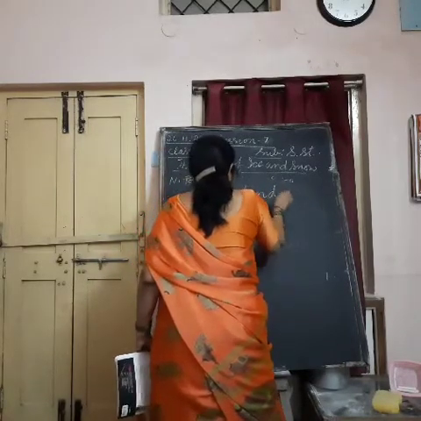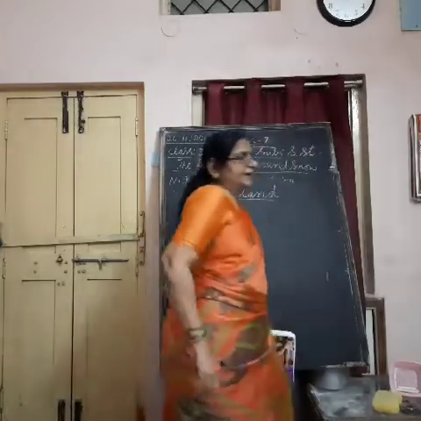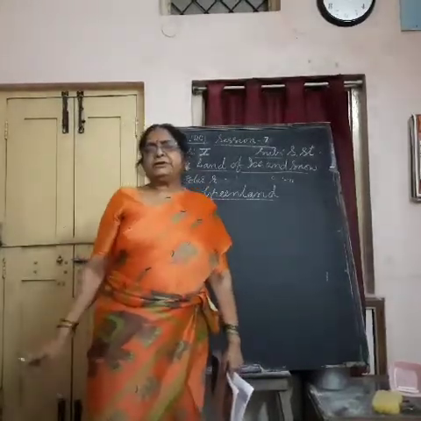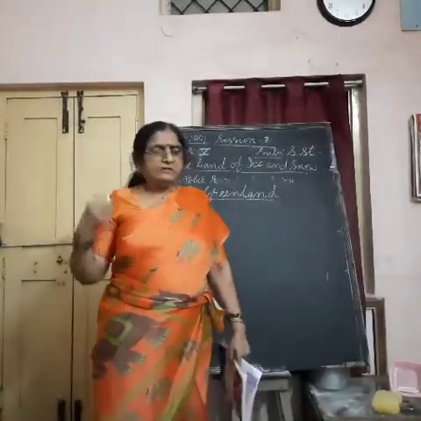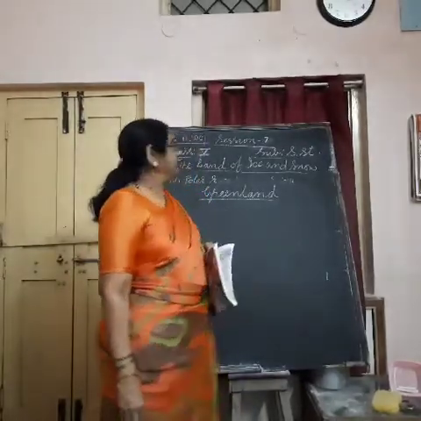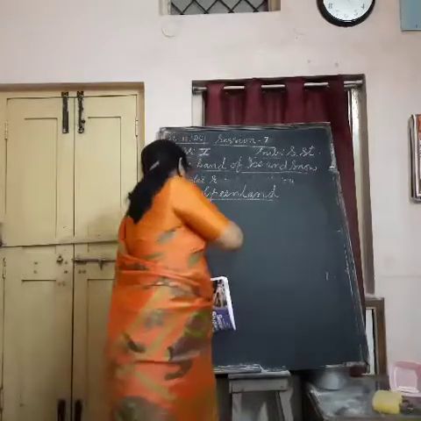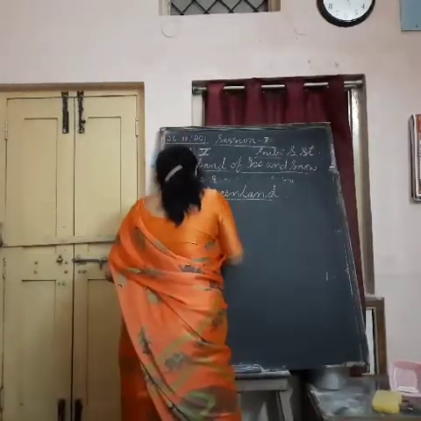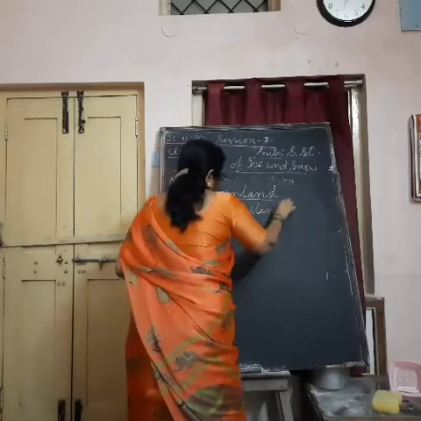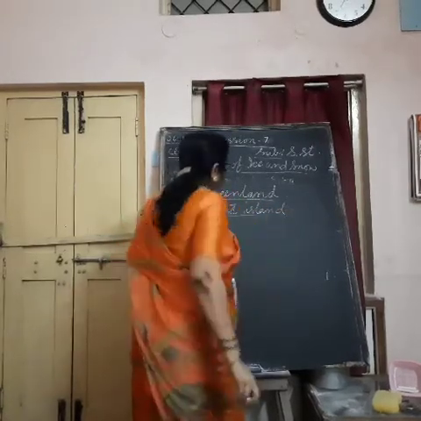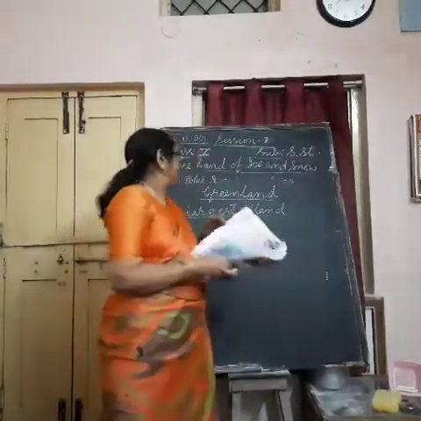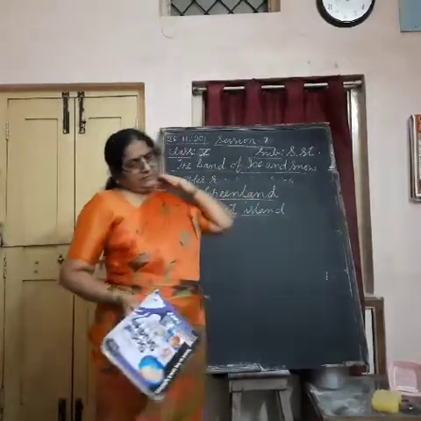As we have taken DRC, Democratic Republic of Congo, for our study of the equatorial region, in the same way, here we are taking Greenland, the largest island in the world. Understand? Greenland is referred to as the largest island in the world. We have taken Greenland for our study.